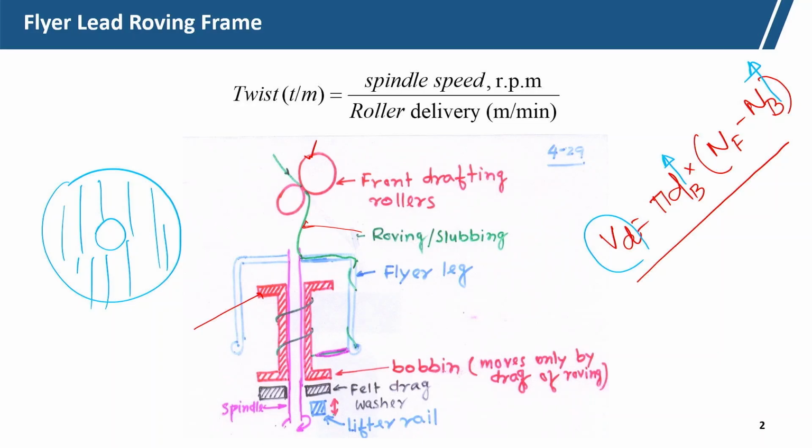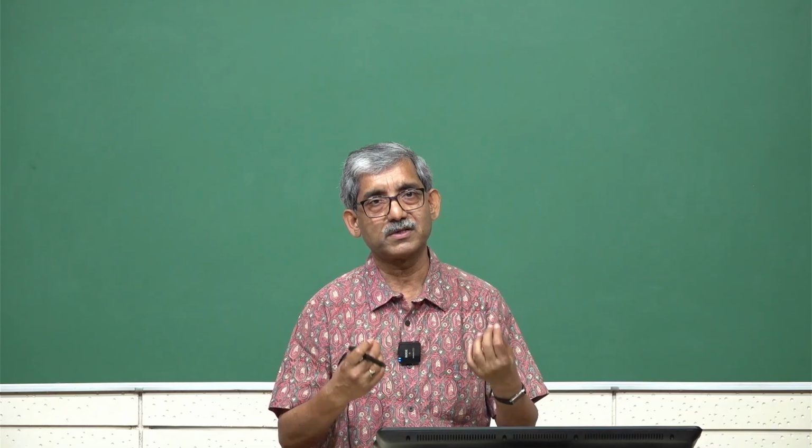The lifter rail moves up and down to give the traverse, and here the traverse rate is fixed. It is not like the cotton roving frame where the traverse rate changes; it is fixed because it is a twisted yarn, twisted roving.